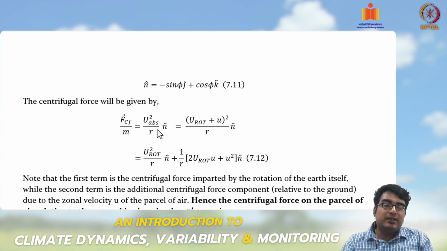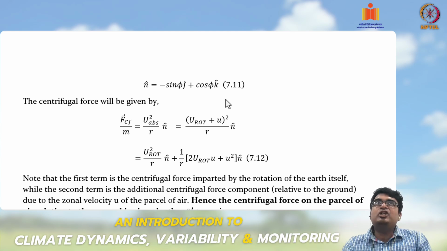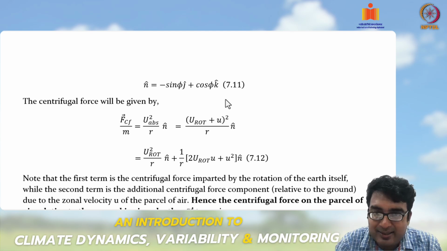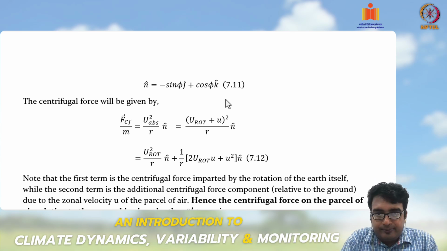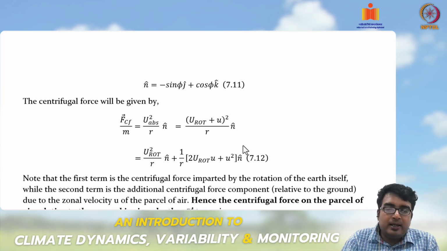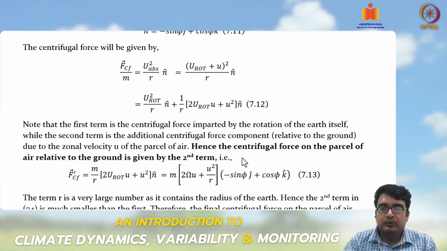And what is u absolute? The rotational velocity of earth plus any additional zonal component of velocity that this parcel of air has. (u rotation plus u) whole square into n hat by r. So you can separate it out into these two sections: u rotation square by r n hat plus 1 by r into twice u rotation u plus u square, n hat.